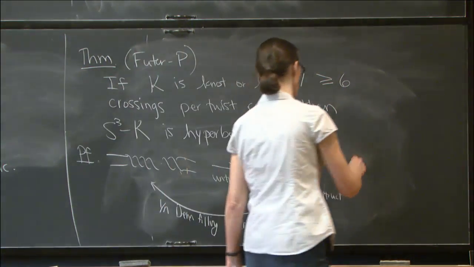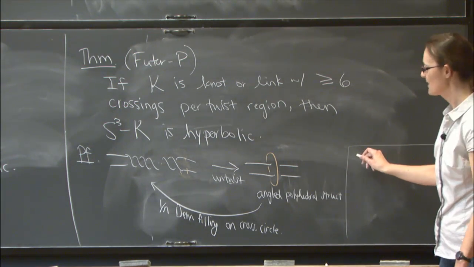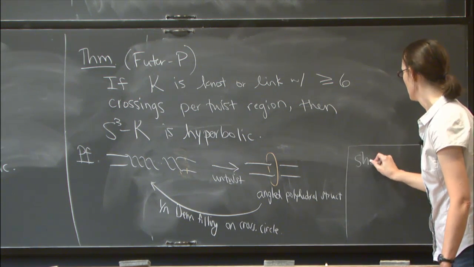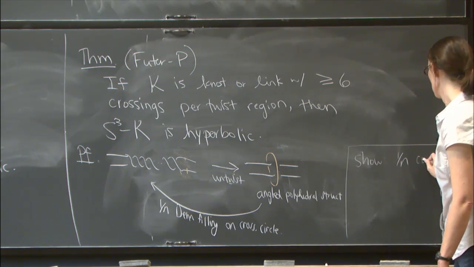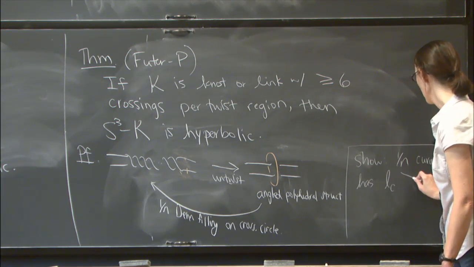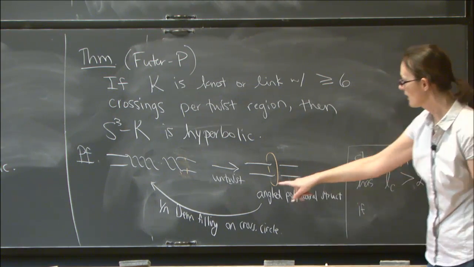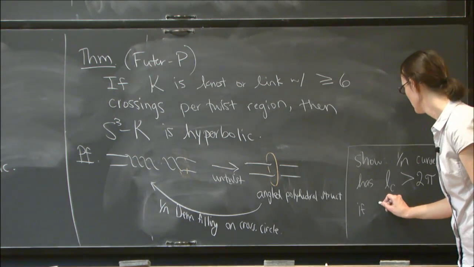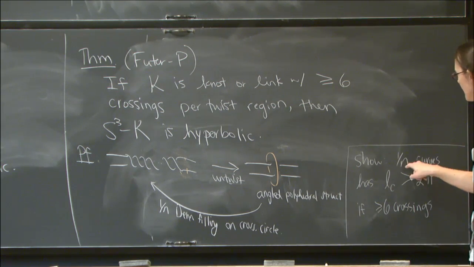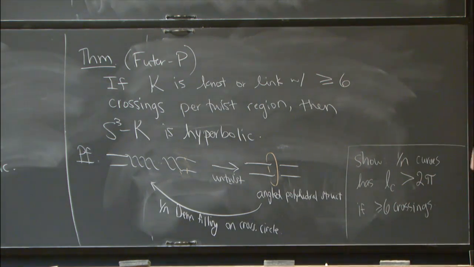Basically what we need to do, and this is the step that's more complicated, though not too complicated, but we don't quite have enough time to go into the details, is show that each of these 1 over n curves has combinatorial length strictly greater than 2 pi, provided there are at least 6 crossings in each twist region. Okay, so the n depends on the number of crossings that you begin with. So okay, I will stop there.